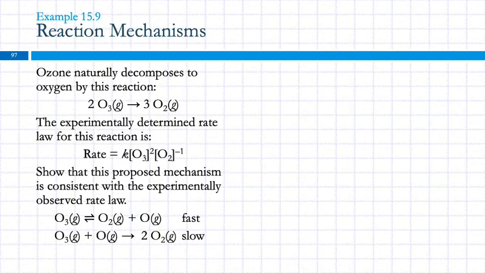That's different. Show that this proposed mechanism is consistent with the experimentally observed rate law shown here. O3 makes O2 and O, that's a fast step, and then we have O3 reacting with O to make O2, and that's a slow step.